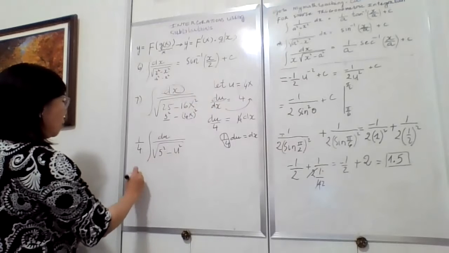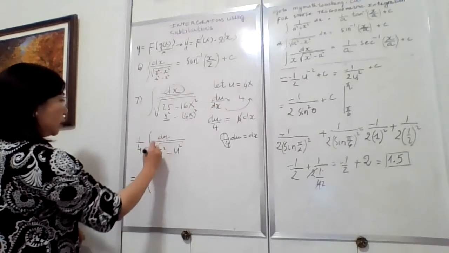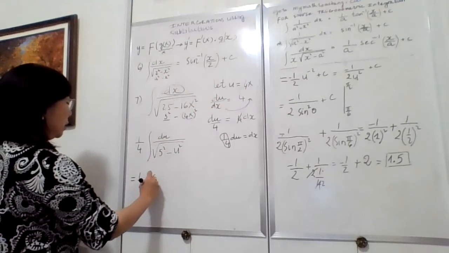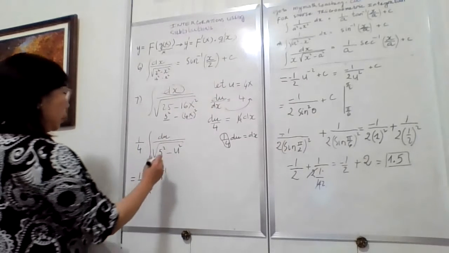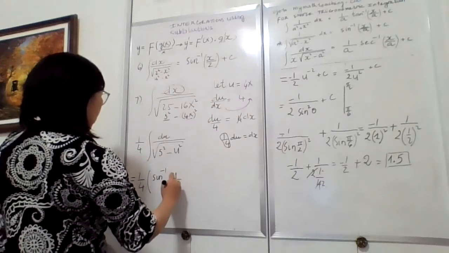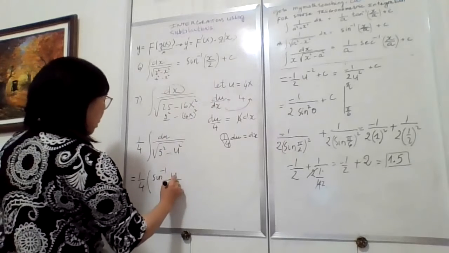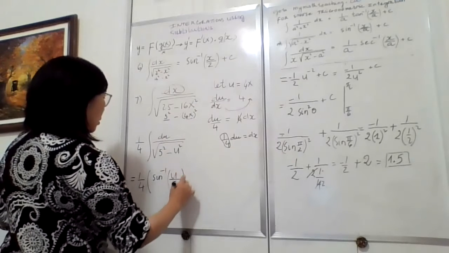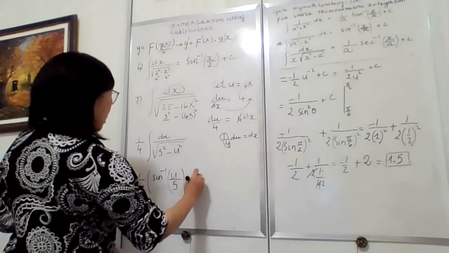So integrating this, it will be equal to 1 over 4 times the inverse of sine, where our angle will be u over a, and our a is just 5, that number, plus c.